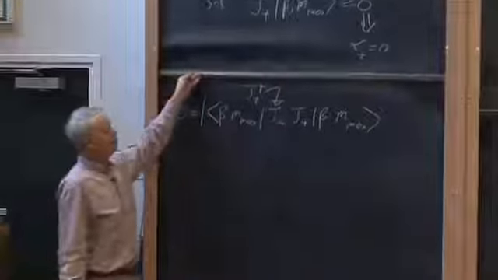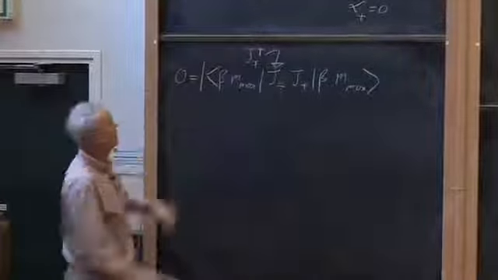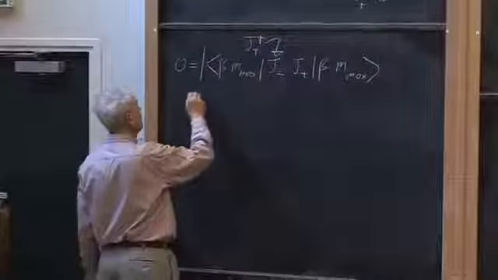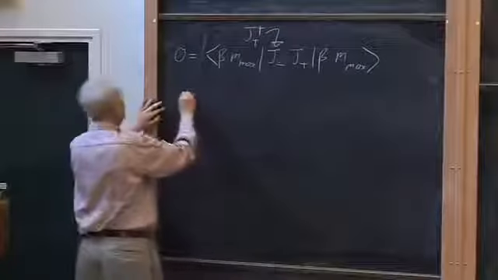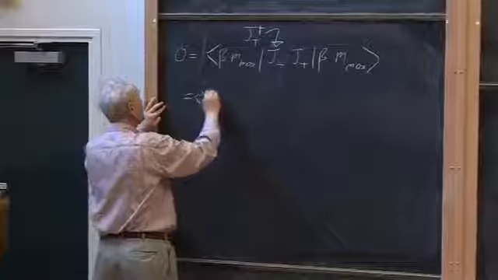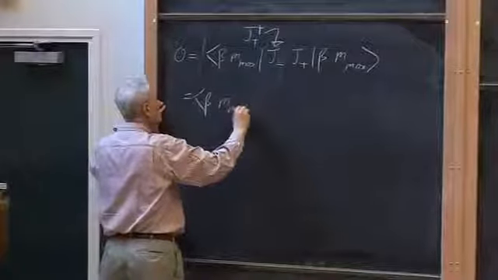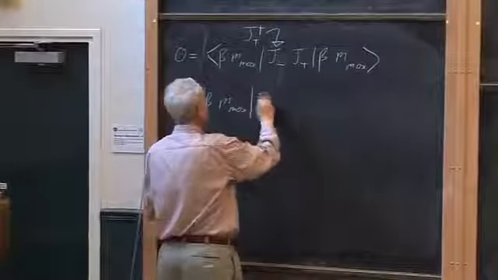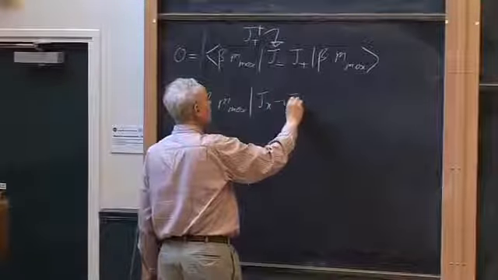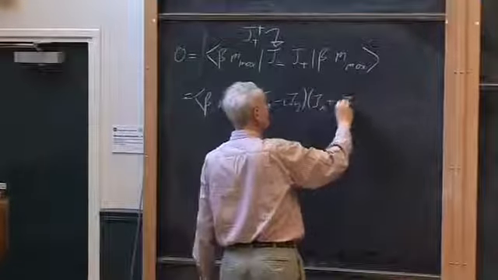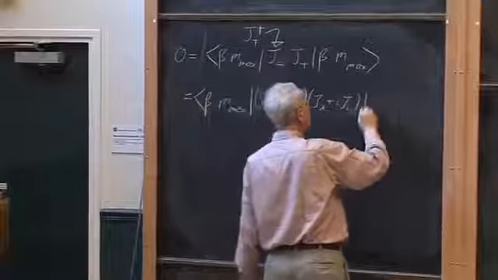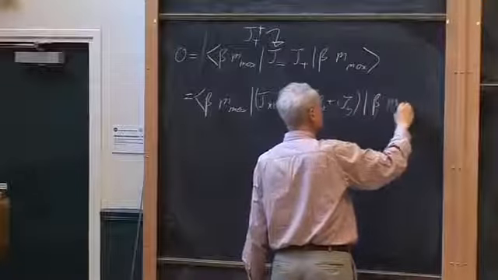So let's have a look and see what we've got here by staring inside. I don't need the mod square, that's already taken care of. So this is beta m max, jx minus I jy, jx plus I jy, close brackets, beta m max.